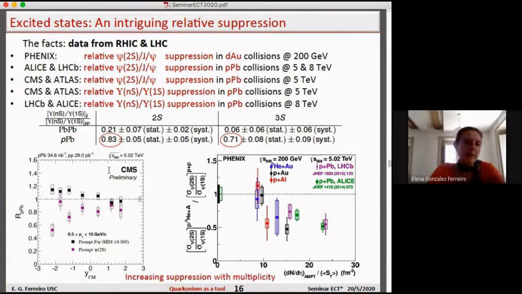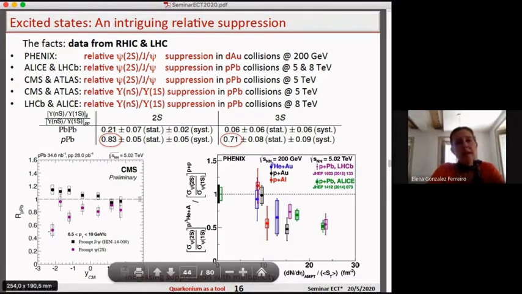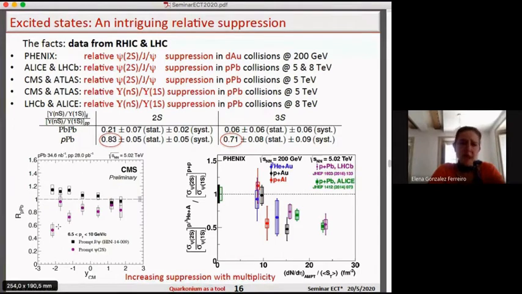If you do this study versus rapidity, as done by CMS, here you have the two states differently. You have the J/psi, as I showed you before, so the ground state of the charmonium, and here you have the 2S state, so the psi prime, and you can see versus rapidity.